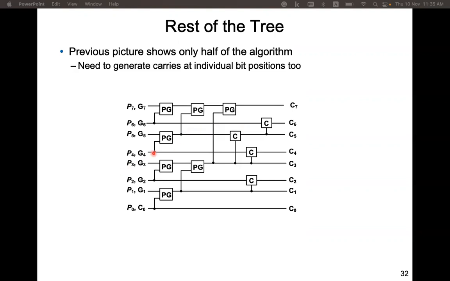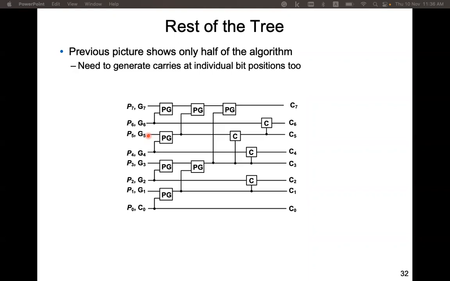And for C5, we have this group containing bits 5 and 4.